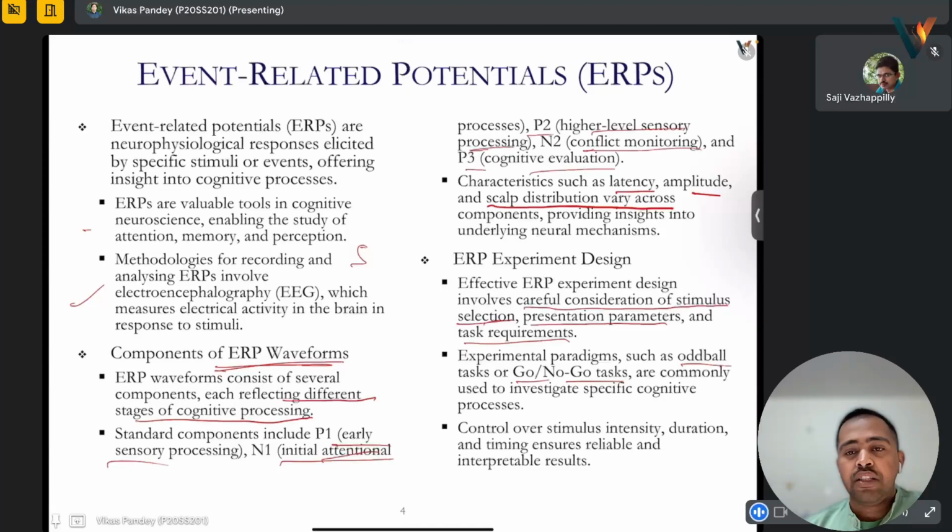They serve as biomarkers for diagnosis and monitoring of conditions like epilepsy, schizophrenia, and Alzheimer's disease.